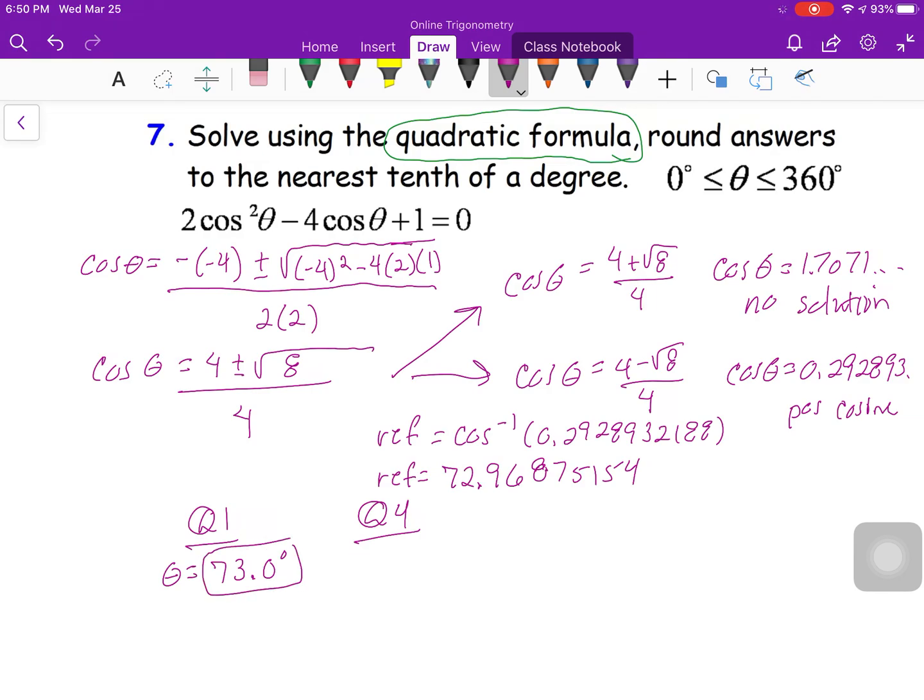In quadrant 4, well, I'd have to take 360 minus the reference angle. And if I take 360 minus the 72.96875154, and I round that to the nearest tenth, I get 287.0 degrees.